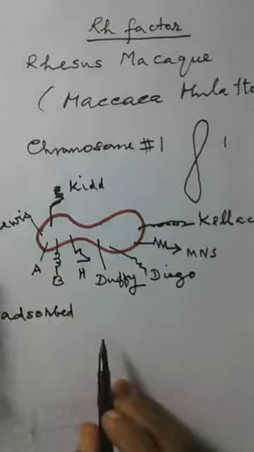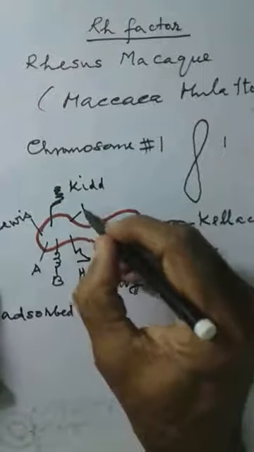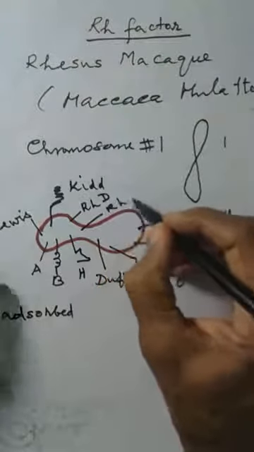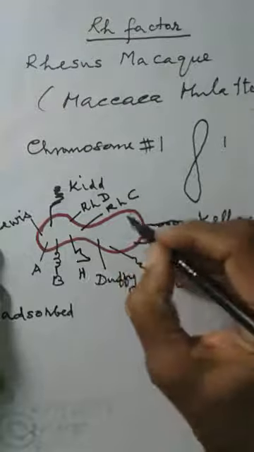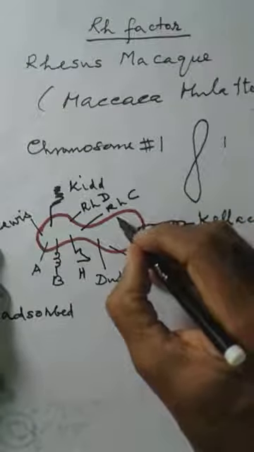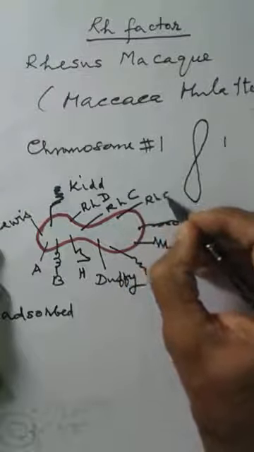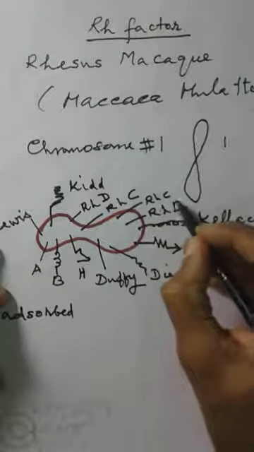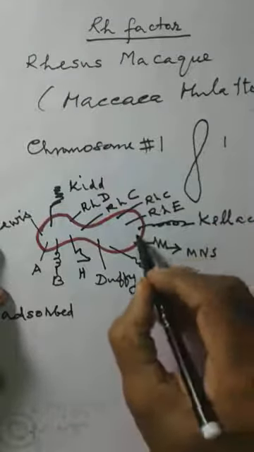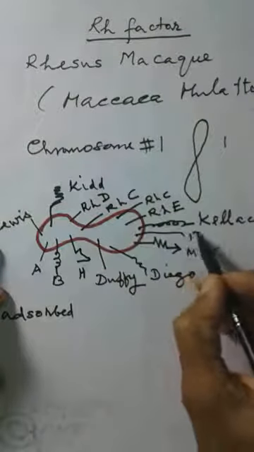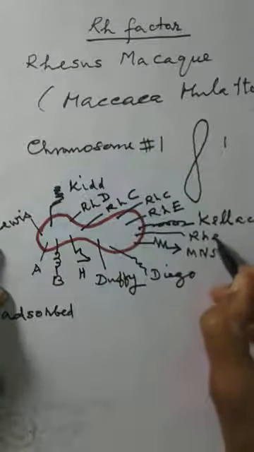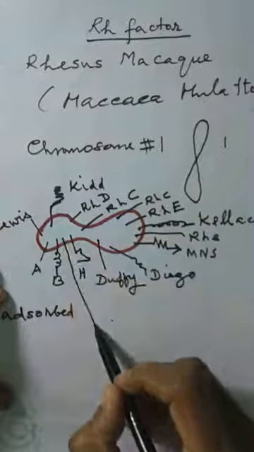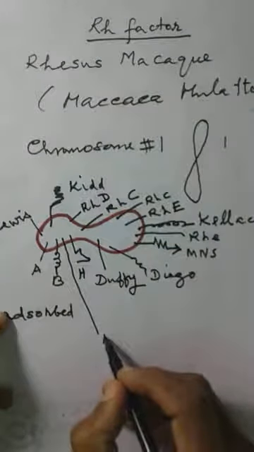Then there is RHD, RHC, RH small c, RHE, RH small e, then comes the P group.